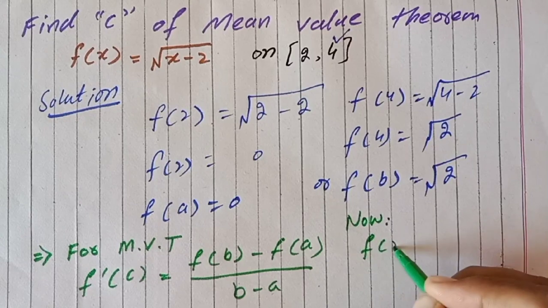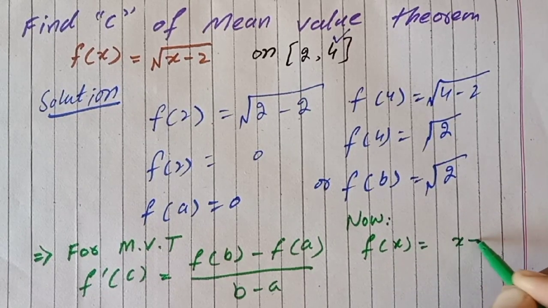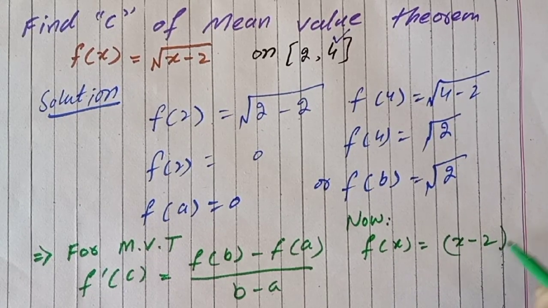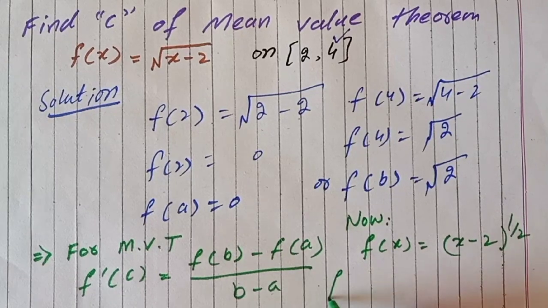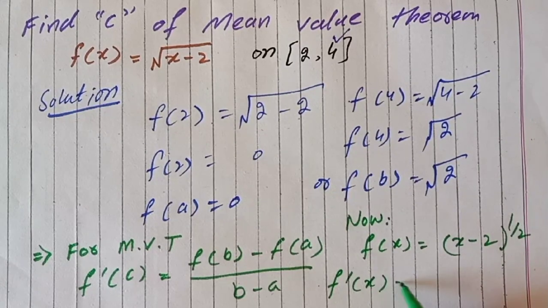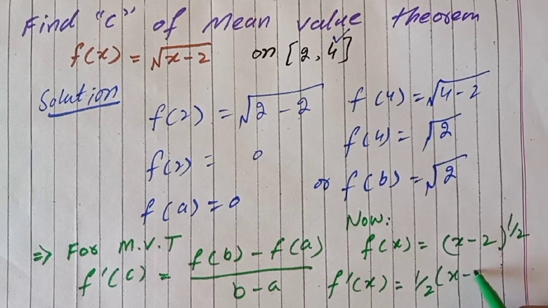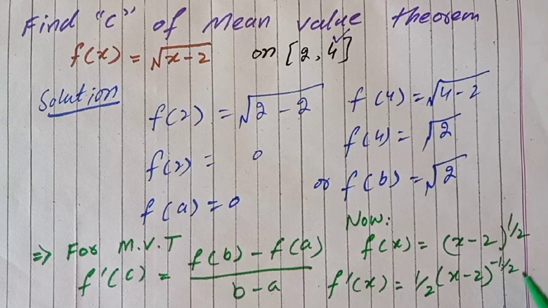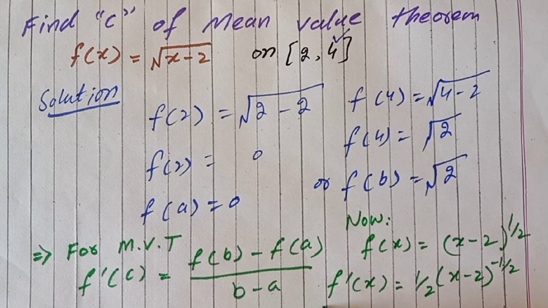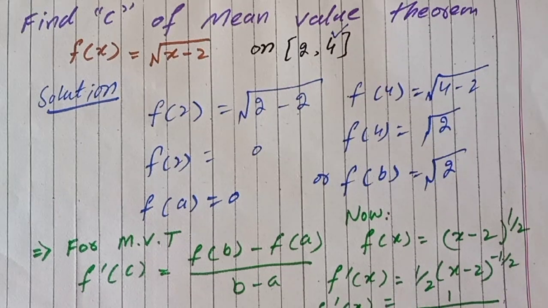f(x) = (x − 2) power 1/2, and the derivative f'(x) is equal to 1/2 (x − 2) power −1/2, and we write f'(x) as 1 over 2 times the square root of (x − 2).